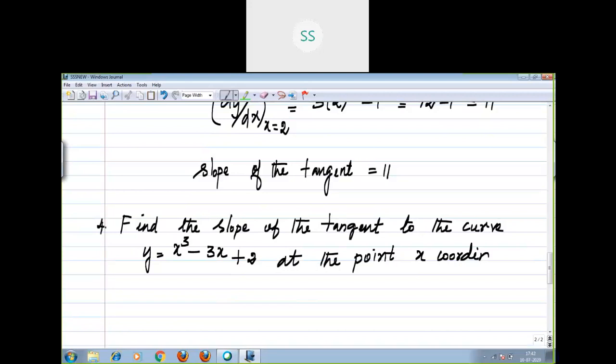Here also the same meaning. X is equal to 3. X coordinate is 3.